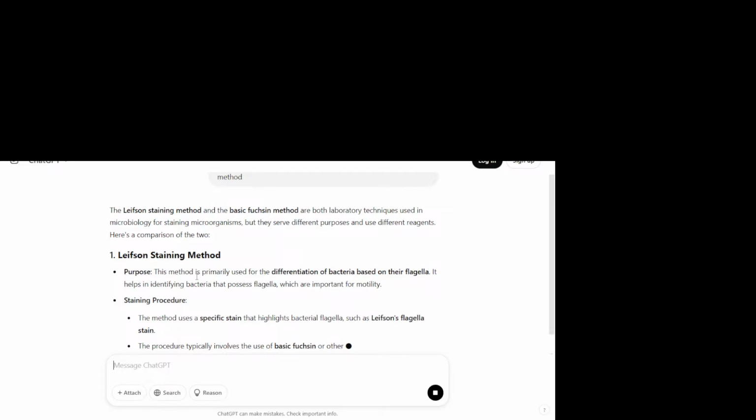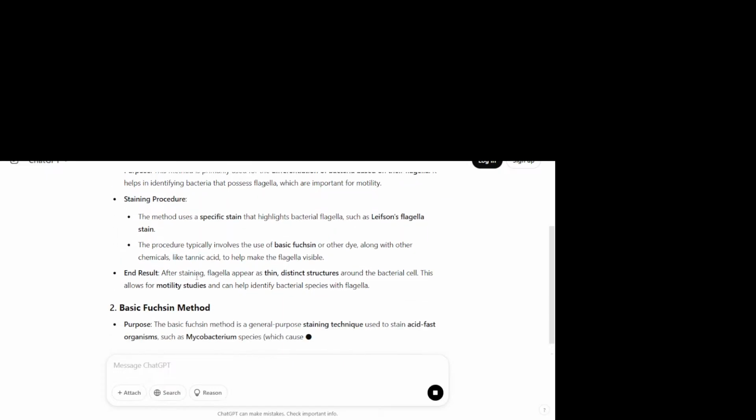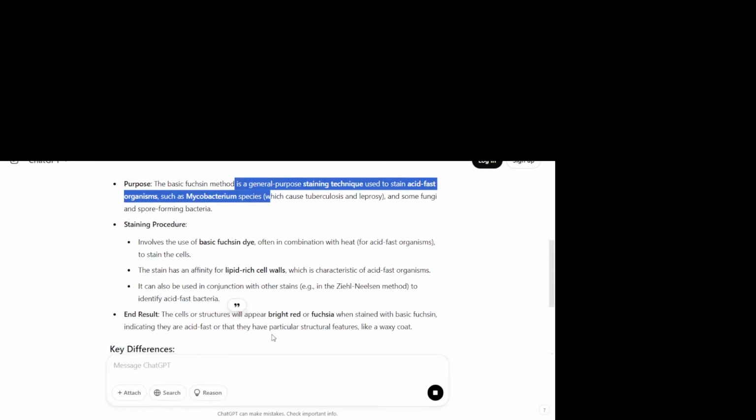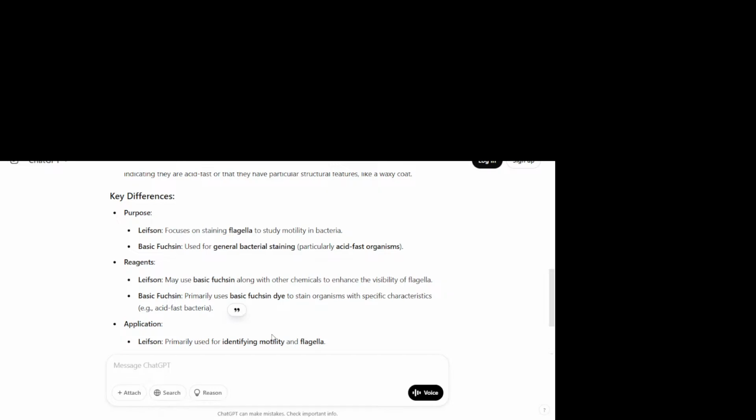The purpose of Leifson is differentiation of bacteria based on their flagella, focusing on staining flagella to study motility. Basic fuchsin is a general-purpose staining technique used to stain acid-fast organisms and some fungi and spore-forming bacteria, basically used for general bacterial staining.